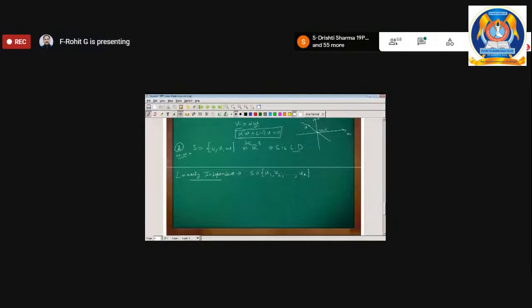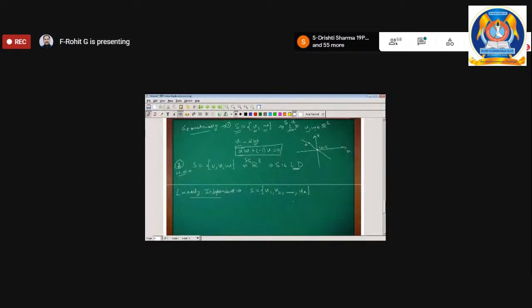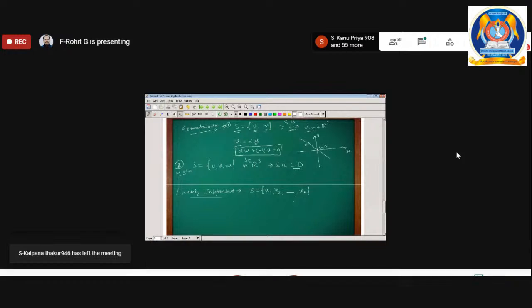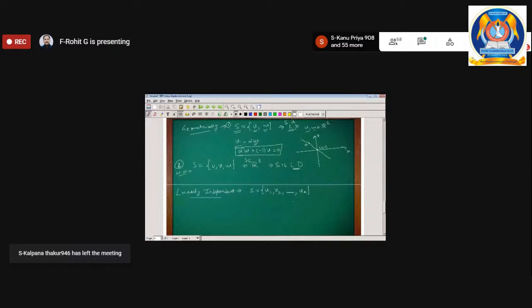Then it is linearly independent. So that means, Utkarsh, all alpha I equal to zero. So the simple definition is that if our set S is not dependent, then we say that it is linearly independent.